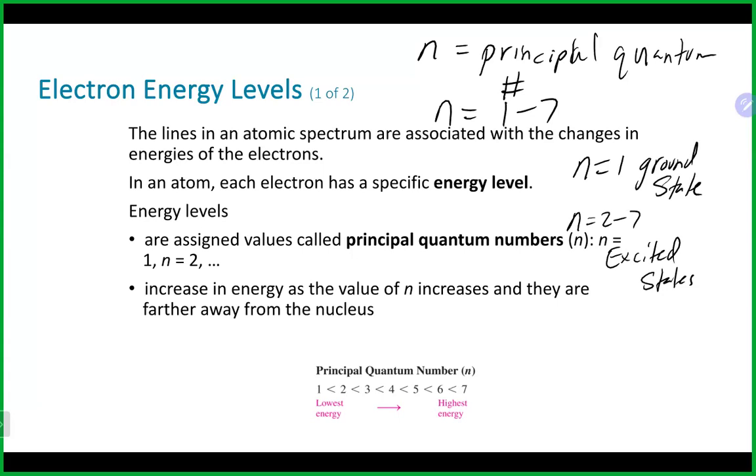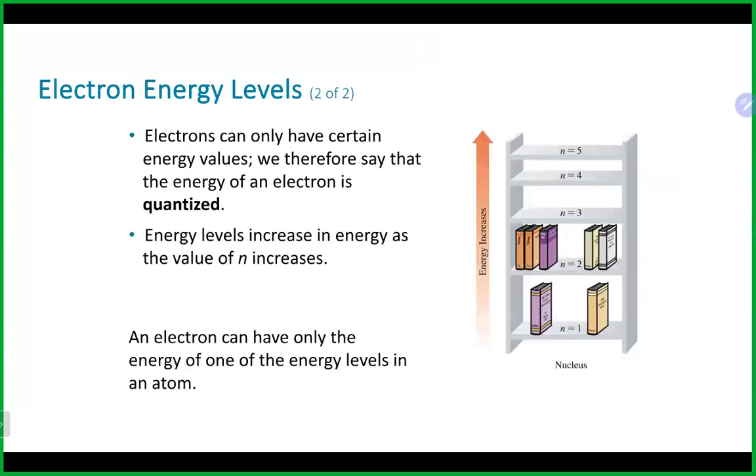And that's what's referred to as the principal quantum number. Now, as I was saying a second ago, electrons can only have certain energy values that allow them to fully transition from one energy level to the next. That is the idea of quantized energy we were talking about with the stairs. Here they went with the bookshelf.